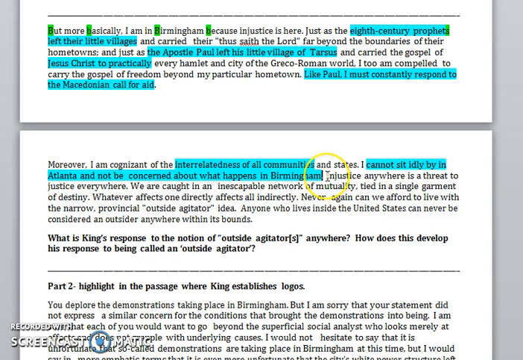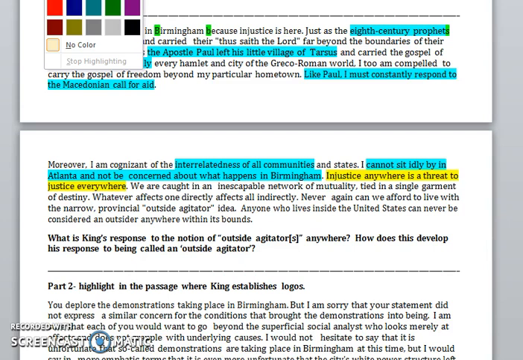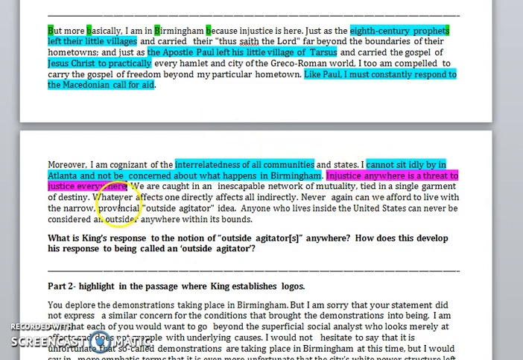He says, and this is one of the most famous lines, I love this line, injustice anywhere is a threat to justice everywhere. And this is an example of, what do you think? We've been learning about it. There's some opposites here.